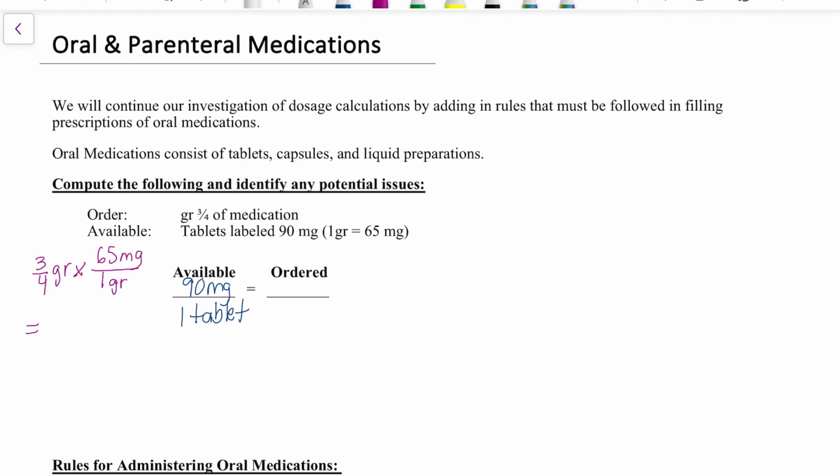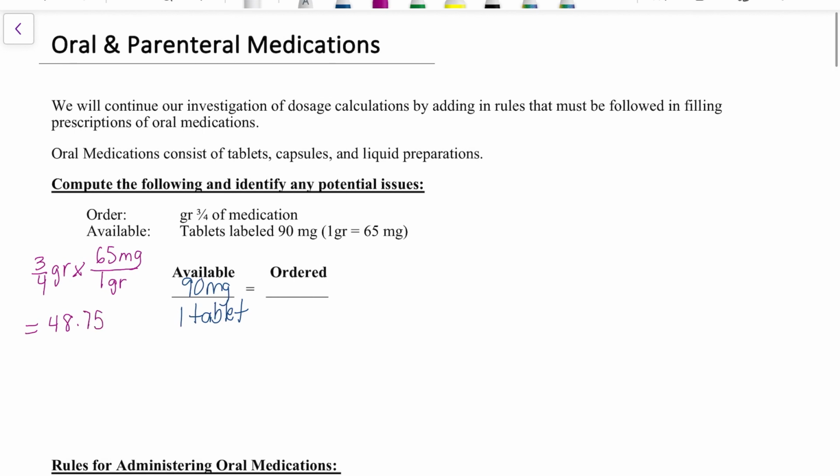In my calculator, I'm going to do 3/4 times 65, and that gives us 48.75. So in here, we're going to put 48.75 milligrams. How many tablets is that?